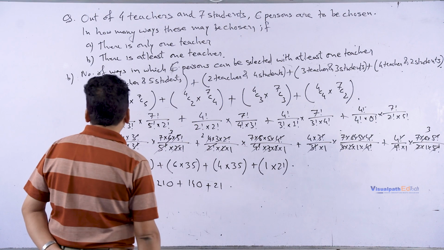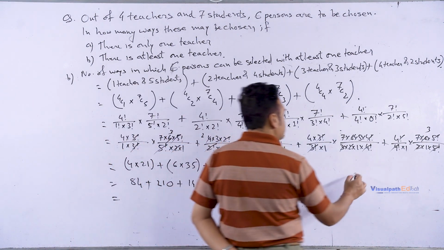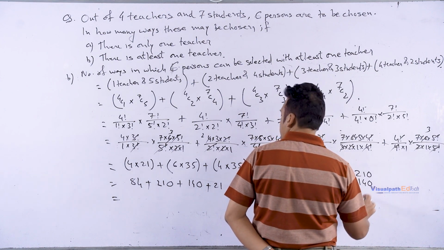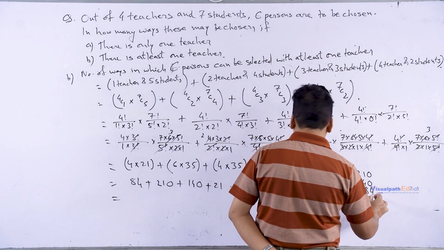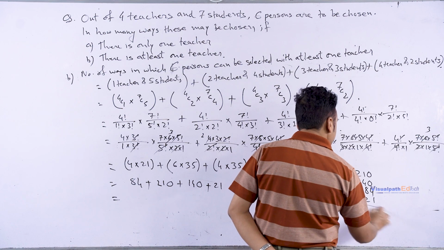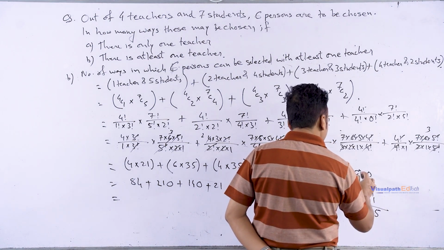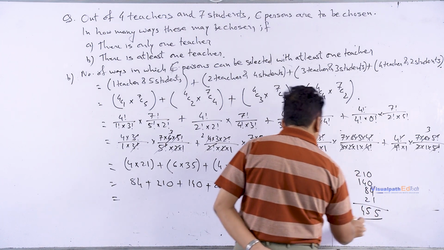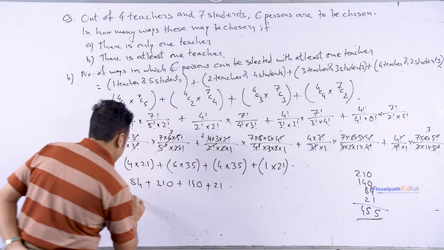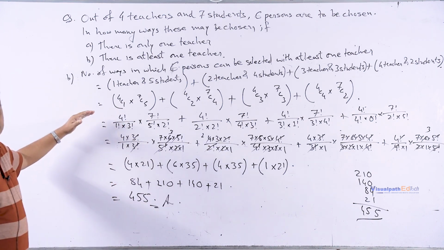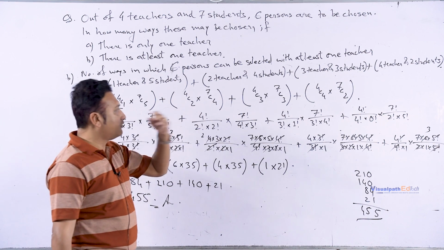So, we have 210 plus 140 plus 84 plus 21, that is 455. So, it will be 455 ways. That is a way of doing it.